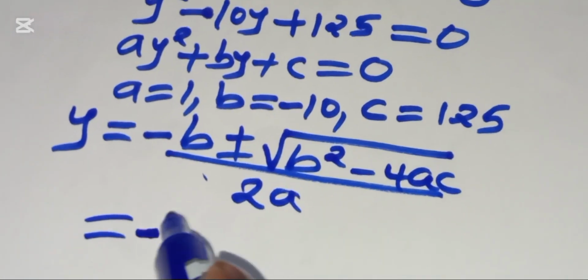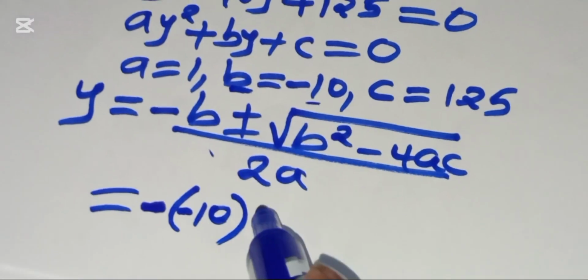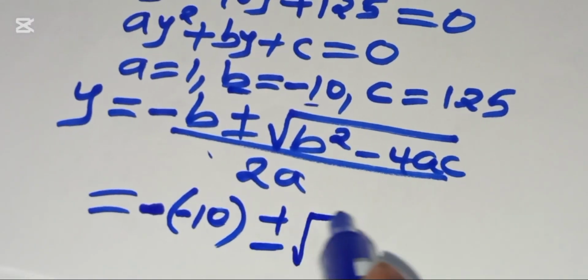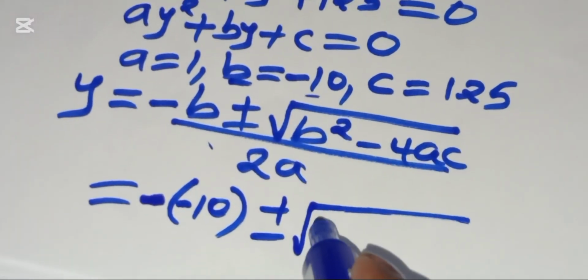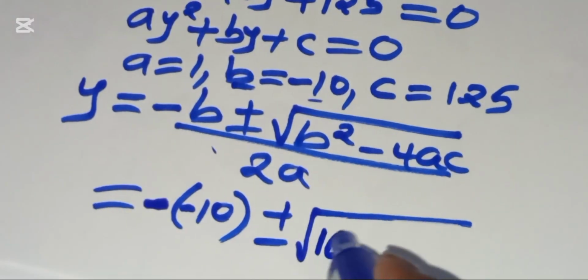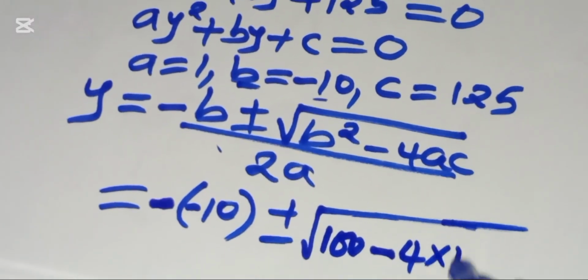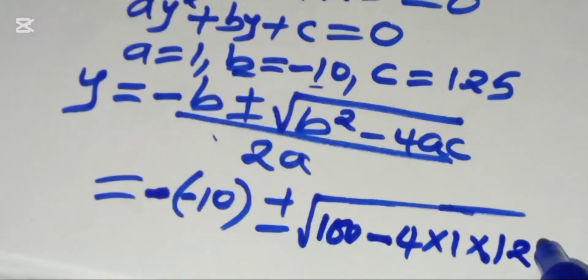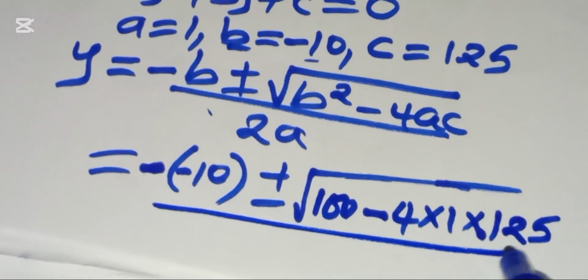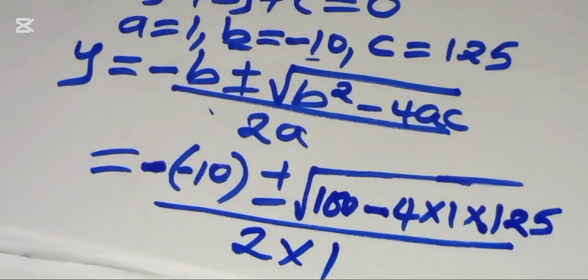This is negative 10, that is the value of b, plus or minus the square root of b squared, which is negative 10 squared, which is 100, subtract 4 multiplied by 1, multiplied by c, which is 125, divide everything by 2 times a, which is 1.